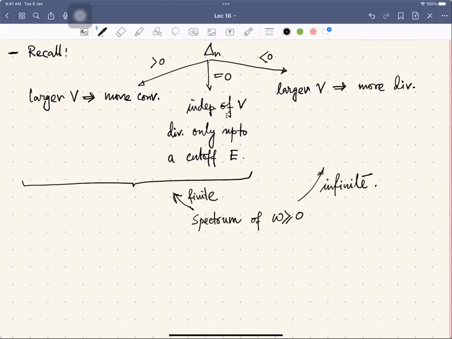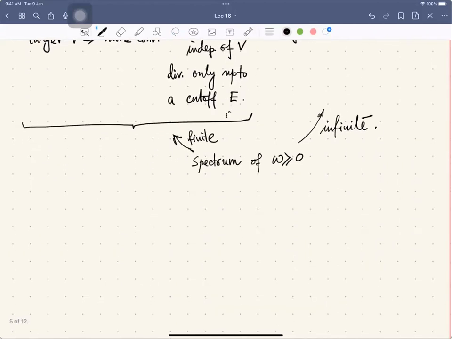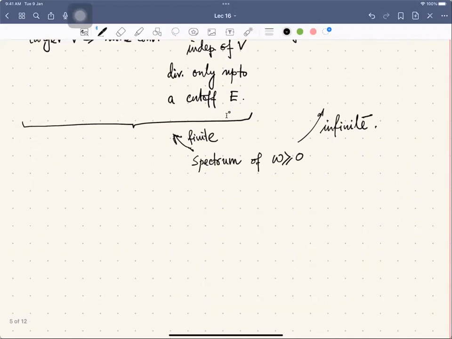So that will correspond to higher values of omega. But this is the spectrum of omega. That doesn't mean that the spectrum of the corresponding graphs should be finite. The spectrum of graphs should also be finite for the first two cases. So let us look at that.